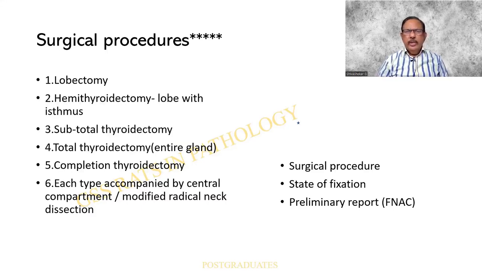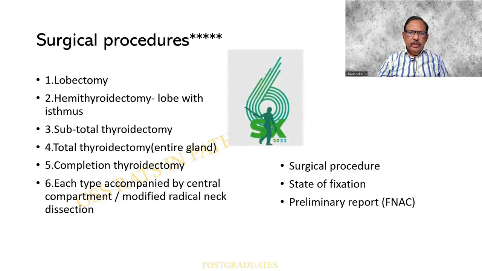And I had shown you the notes that can be included in the surgery. You people should be familiar with the terms of the surgical procedure, what should be the fixation, and there should be a concurrence with the preliminary report of fine needle aspiration. So this will be the sixer for us.